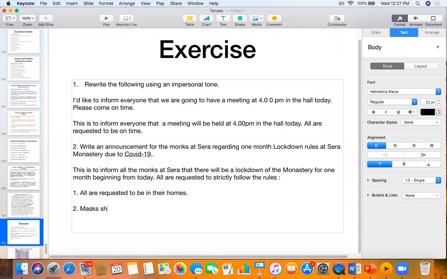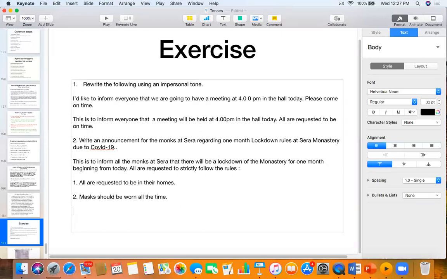And secondly, masks should be worn all the time. There should not be gatherings.